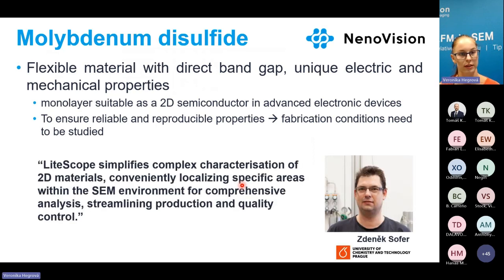So that's why it is still studied, and we try to understand it. So we cooperate with Zdeněk who said that Lightscope simplifies complex characterization of his 2D materials and conveniently localizing specific areas within the SEM environment for comprehensive analysis, streamlining production, and quality control.